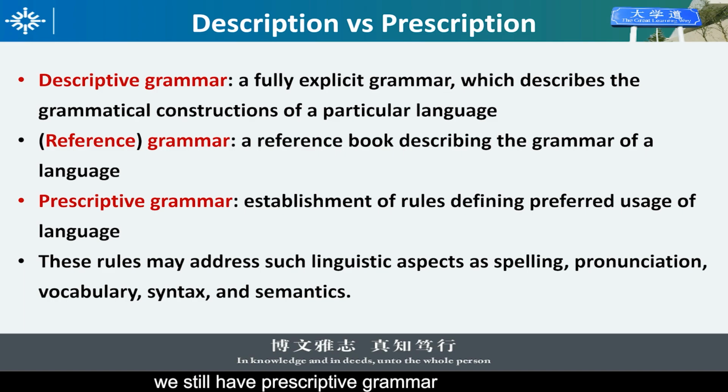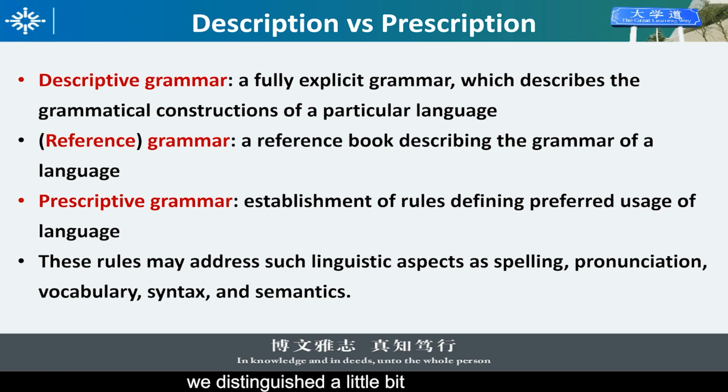And besides, we still have prescriptive grammar, which refers to the establishment of rules defining preferred use of language. That means it's required how to speak or how to use a language properly. The difference between them is descriptive and prescriptive. So for prescriptive grammar, the rules may address such linguistic aspects of spelling, pronunciation, vocabulary, syntax, and semantics. In this way, prescriptive grammar also includes a lot of aspects of linguistics.